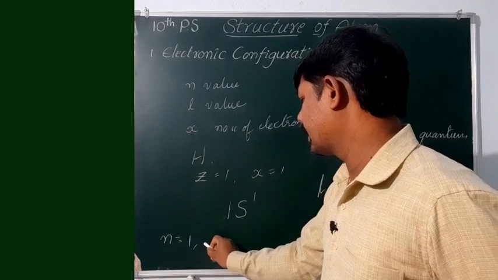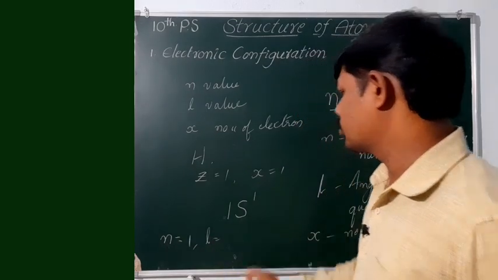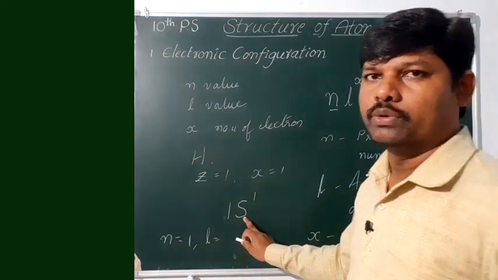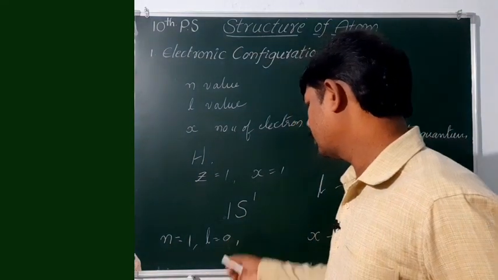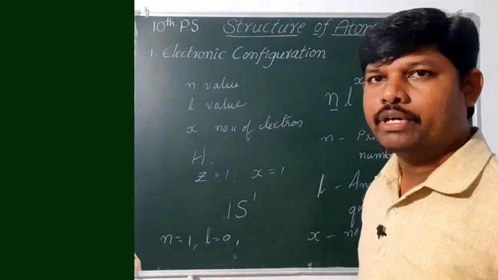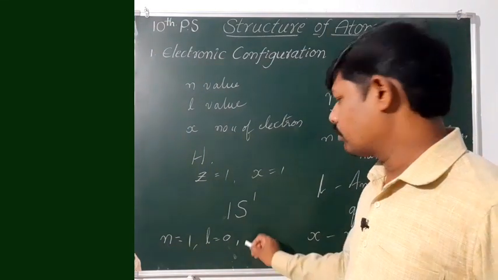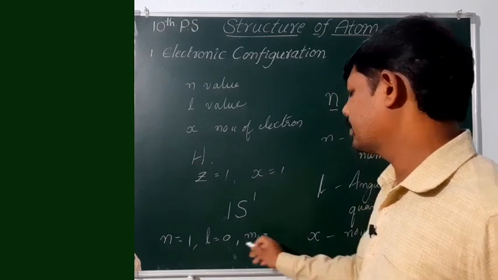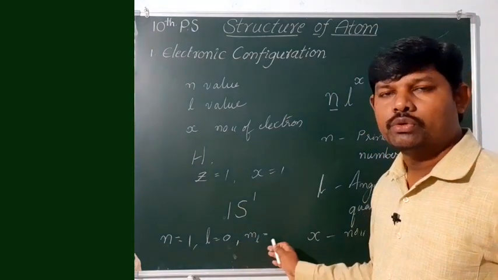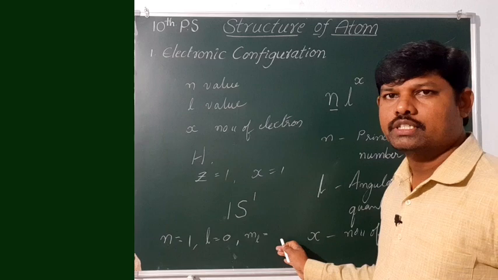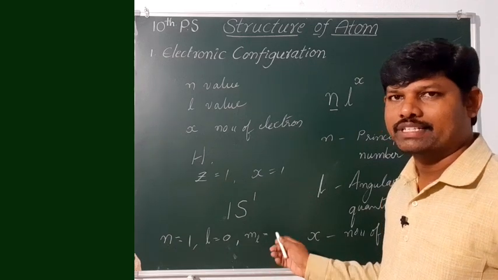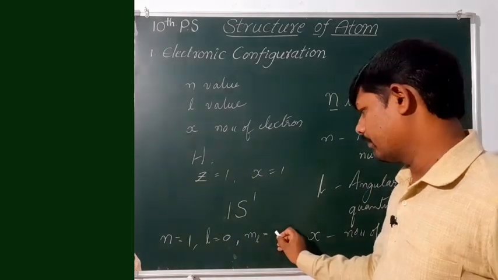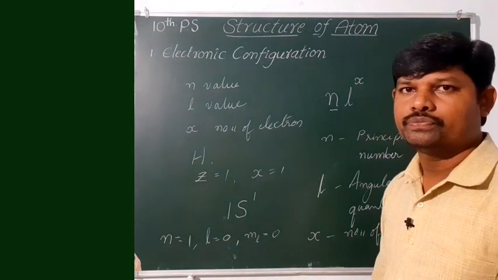And the angular momentum quantum number, L is equal to s, and s means 0. Next, the magnetic quantum number ML. If L is equal to 0, the magnetic quantum numbers are minus L to plus L, including 0. So here only 0 is there, so ML value is also 0.